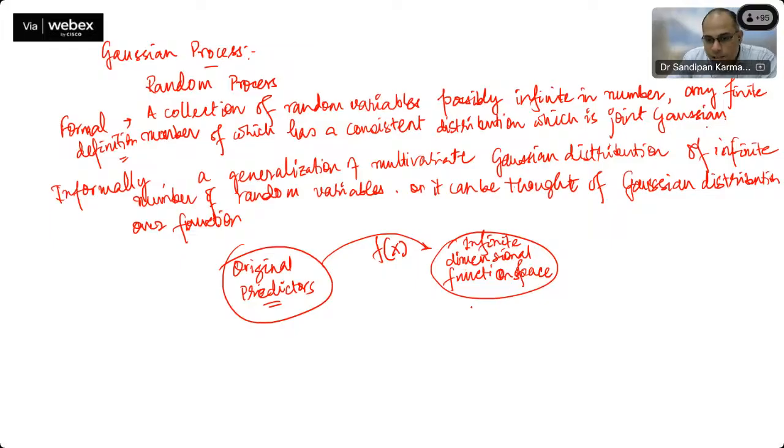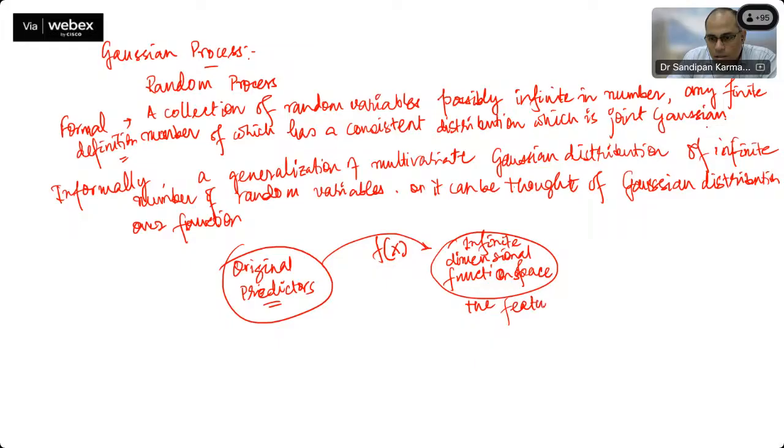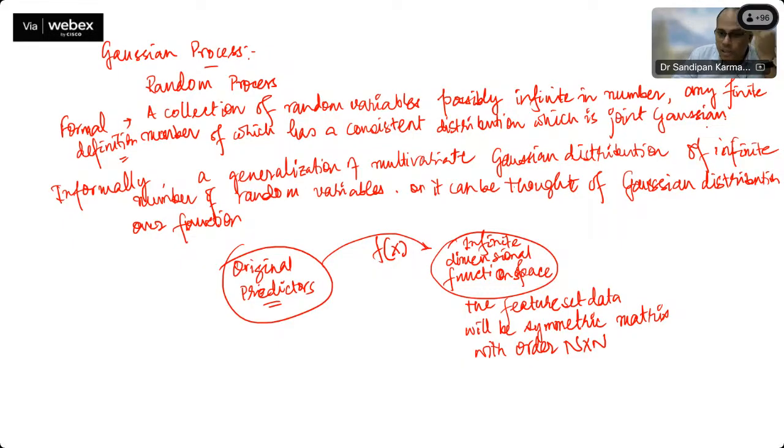In most cases, the feature set data will be a symmetric matrix of order n cross n.